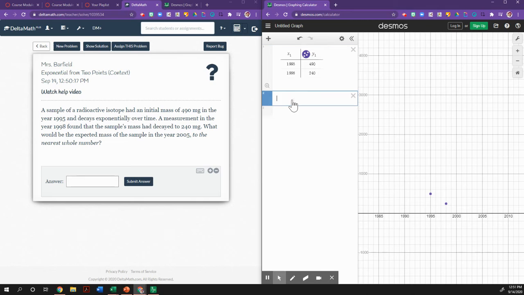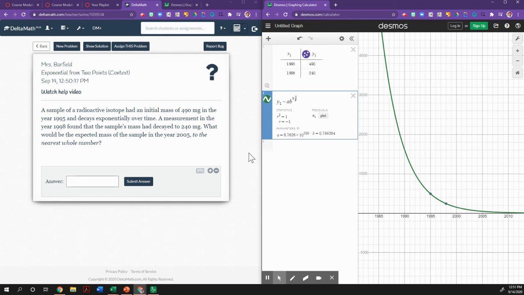All right, let's write that equation. Now, I keep typing it over and over again because I want you to see that you'll memorize your equations or your formulas the more that you type them in and the more that you work with them. So now I need to predict the expected mass of the sample in 2005.